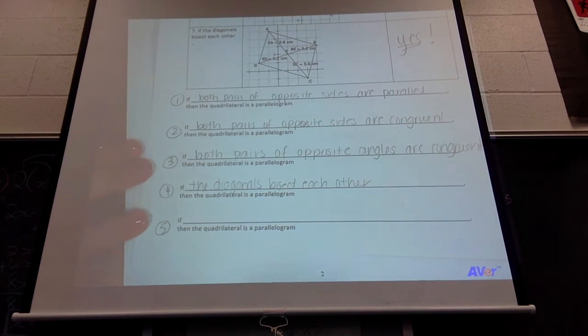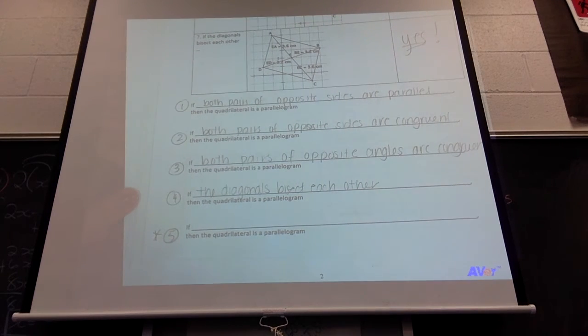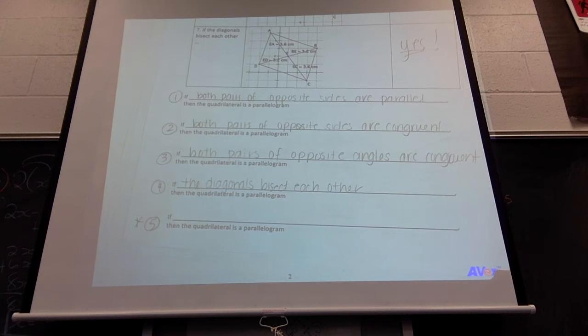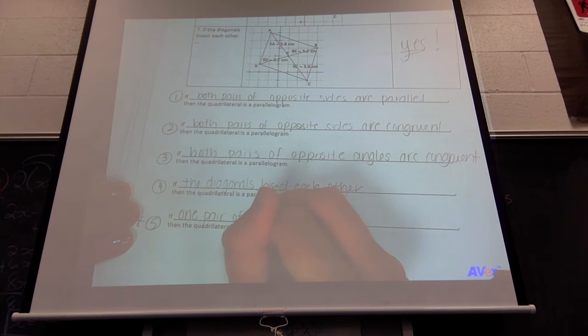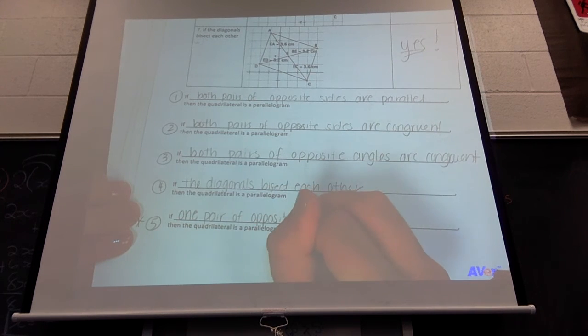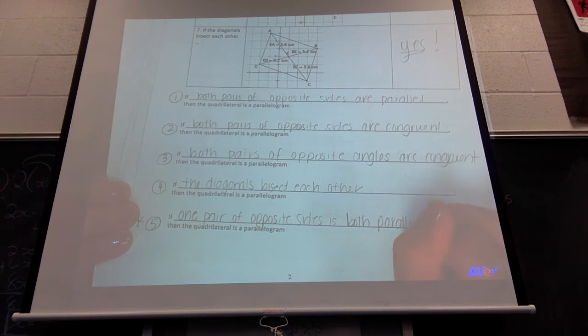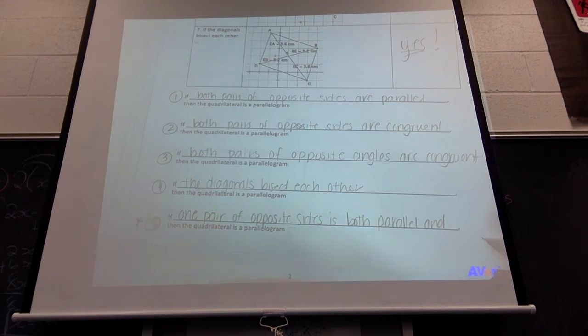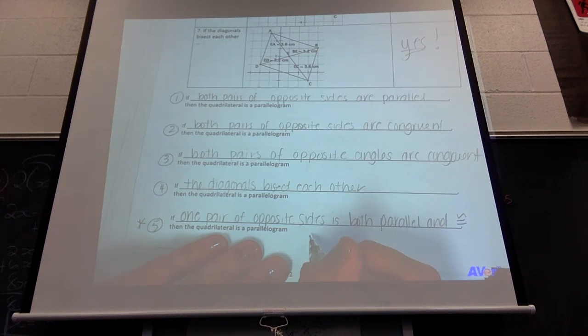And the 5th one, I'm going to put a star because that one is the only one that is a little bit different than what we have in our basic properties. And this one says if one pair, just one pair of opposite sides is both parallel and congruent, here's my symbol for congruent, then that quadrilateral is a parallelogram.